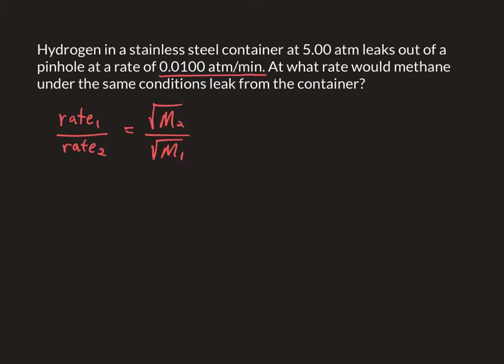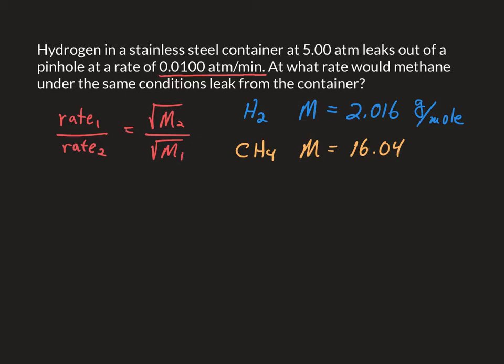Given our information here, we've got hydrogen gas, which is diatomic, and the molar mass is 2.016 grams per mole. Methane has a molar mass of 16.04 grams per mole.